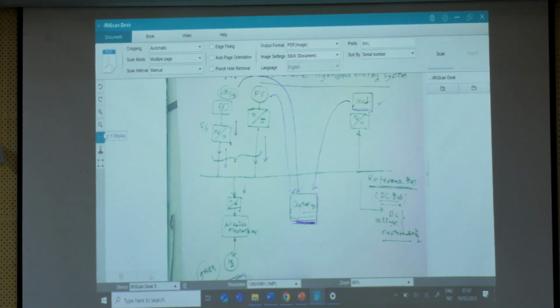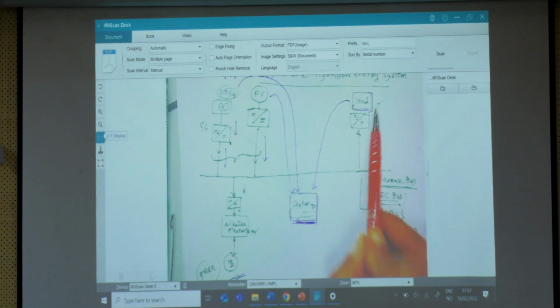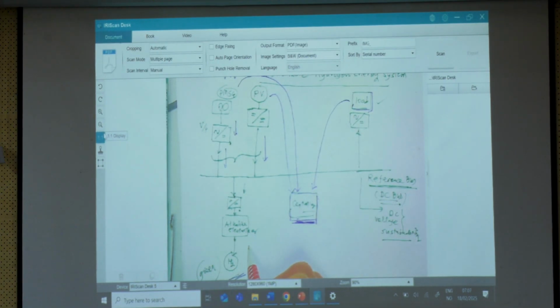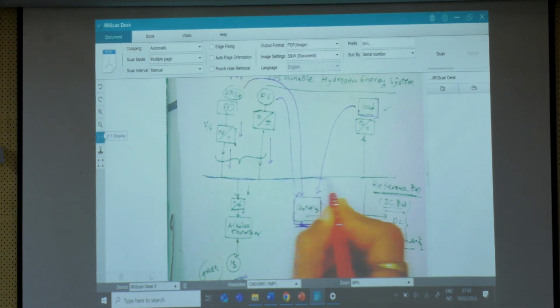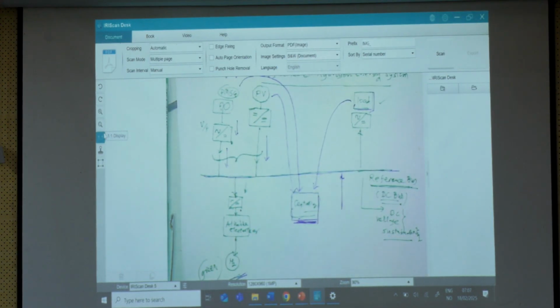When we want to store or convert the excess energy, with reference to the primary renewable energy sources and the load, for transferring it to the alkaline electrolyzer. Is it okay? But at the same time, we may need to consider the information at the reference bus energy level.